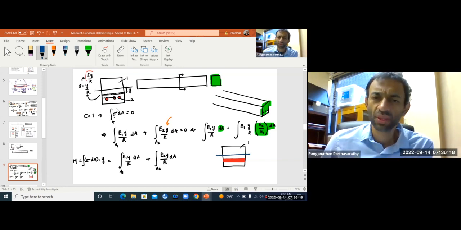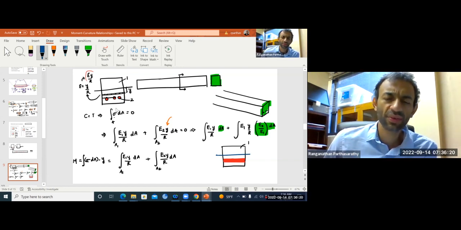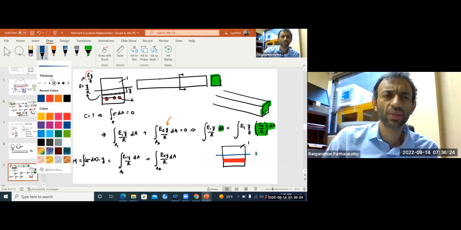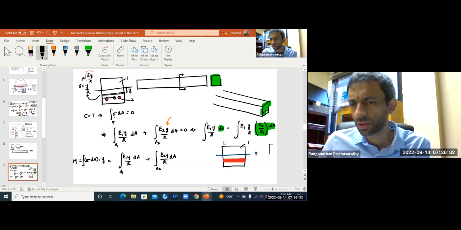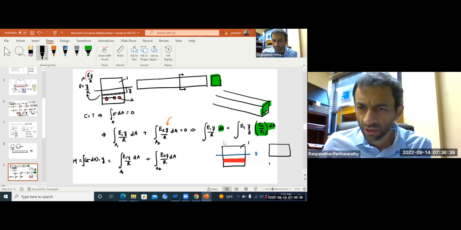Now, what we will do is we will say this beam is equivalent to this: above this, everything is same. Below this, everything is same.